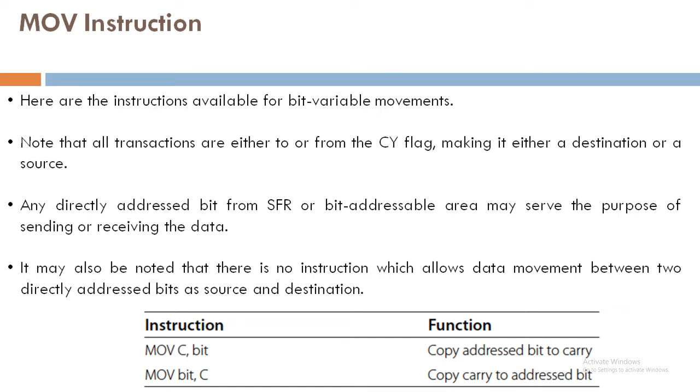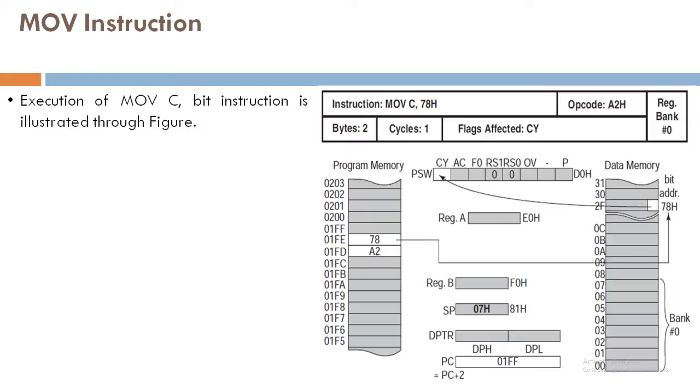So these are the few restrictions, and these are the possibilities that are available in case of move instruction, when we are talking about a single bit. So these are the variations, and let us have a look at the example.